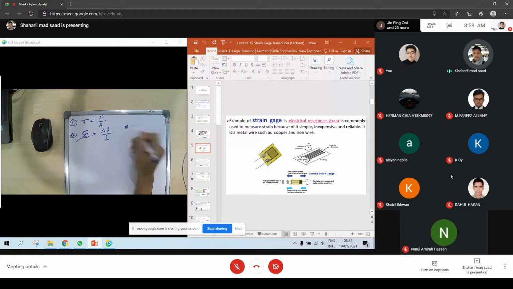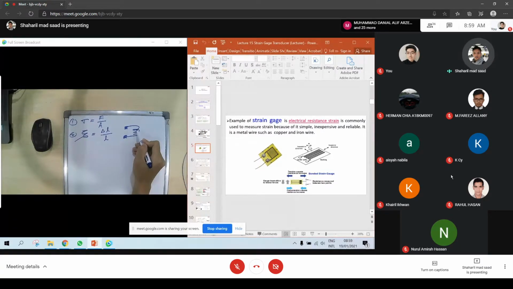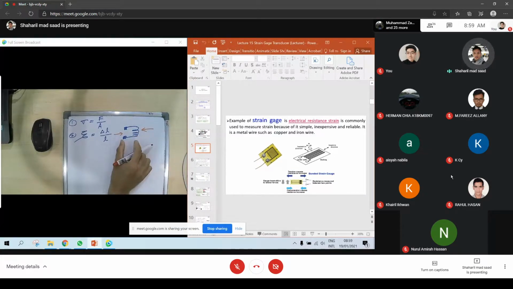The figure of this strain gauge is like this. The diagram of this strain gauge contains a wire line, and they make it like this. Don't ask me why they make it like this. The concept is that when you apply the stress, normally you apply it at this part, which we call sensitive.